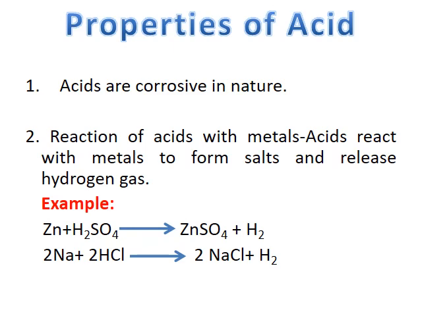This reaction is possible between those metals which are present above hydrogen in the reactivity series. But the metals which are present below hydrogen like copper, mercury, silver, gold, platinum do not react with acid.